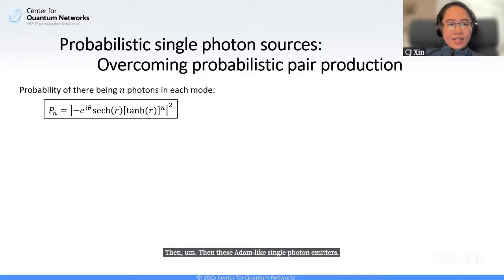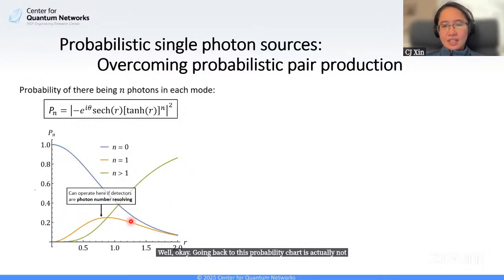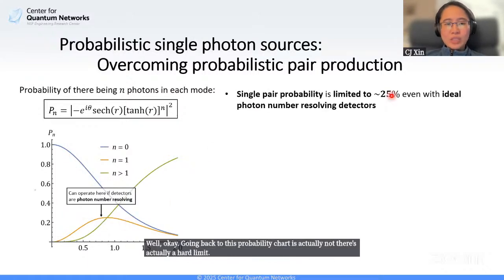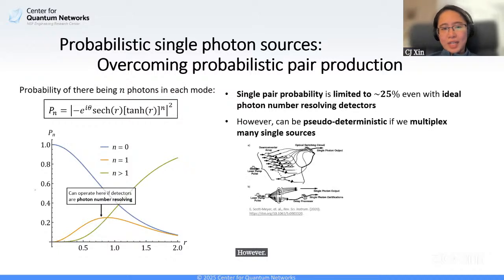Well, okay. Going back to this probability chart, there's actually a hard limit. Even when you have photon number resolving detectors, the single pair generation probability is capped at 25%. However, the way that you can hack this is by making a source that is pseudo-deterministic.